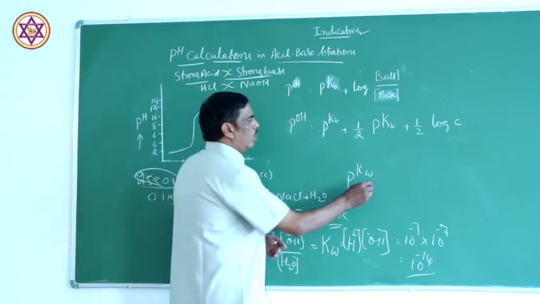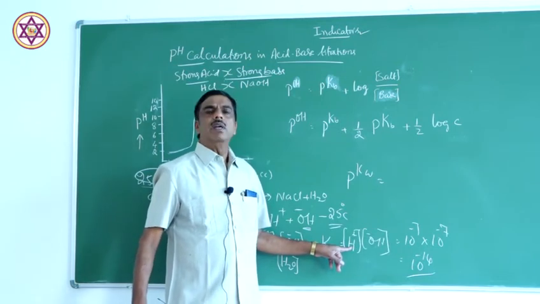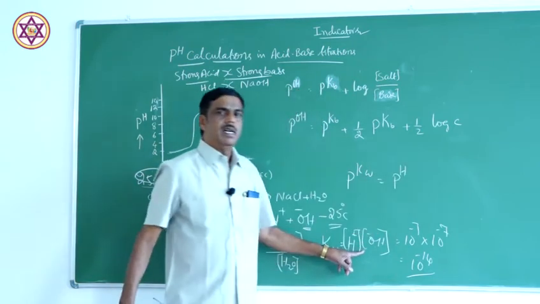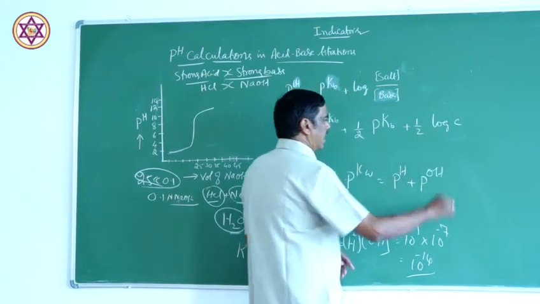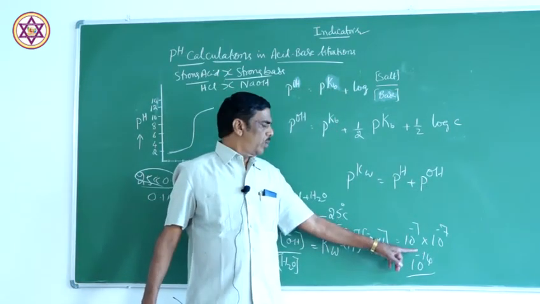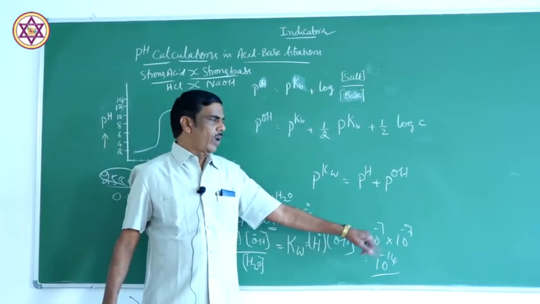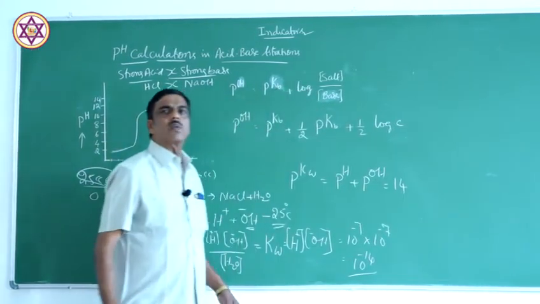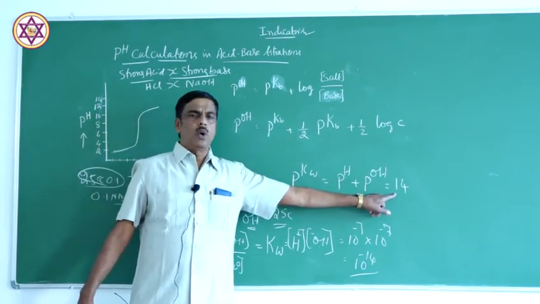It is equal to the negative logarithm of the H plus ion concentration, that is pH, plus the negative logarithm of the OH minus ion concentration, that is pOH. If you take the negative logarithm of 10 to the power of minus 14, minus 14 into minus, with log 10 being 1, its value becomes 14. Therefore the ionic product of water can also be expressed as pKw, and pKw is equal to 14.